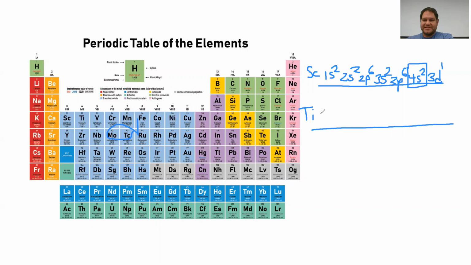So it should have essentially the same electron configuration: 1s2, 2s2, 2p6, 3s2, 3p6, 4s2, and then 3d2, titanium. Since titanium is right here on the periodic table, it has 1 more electron in the 3d. Okay.